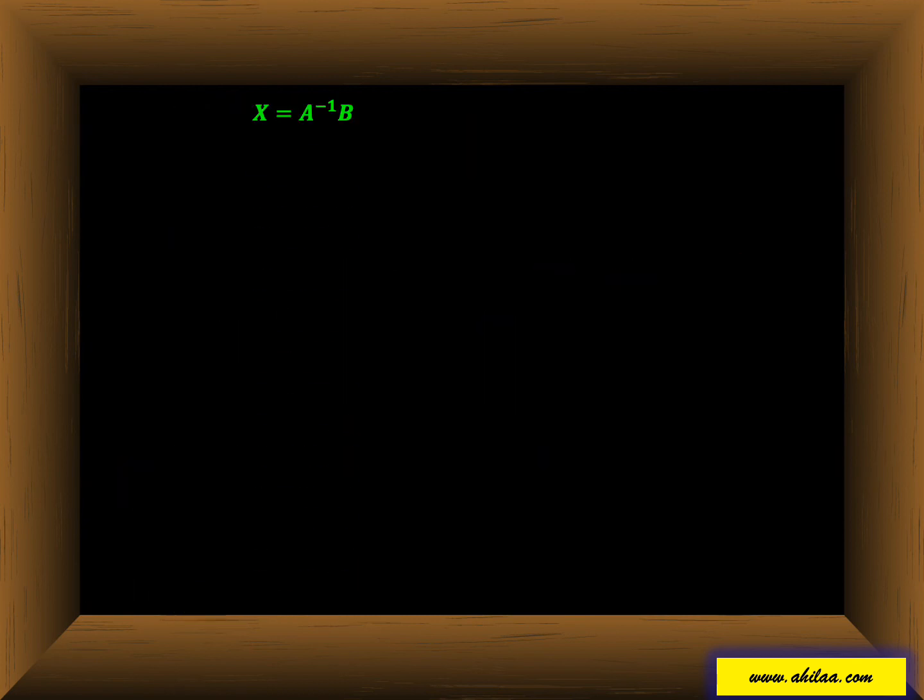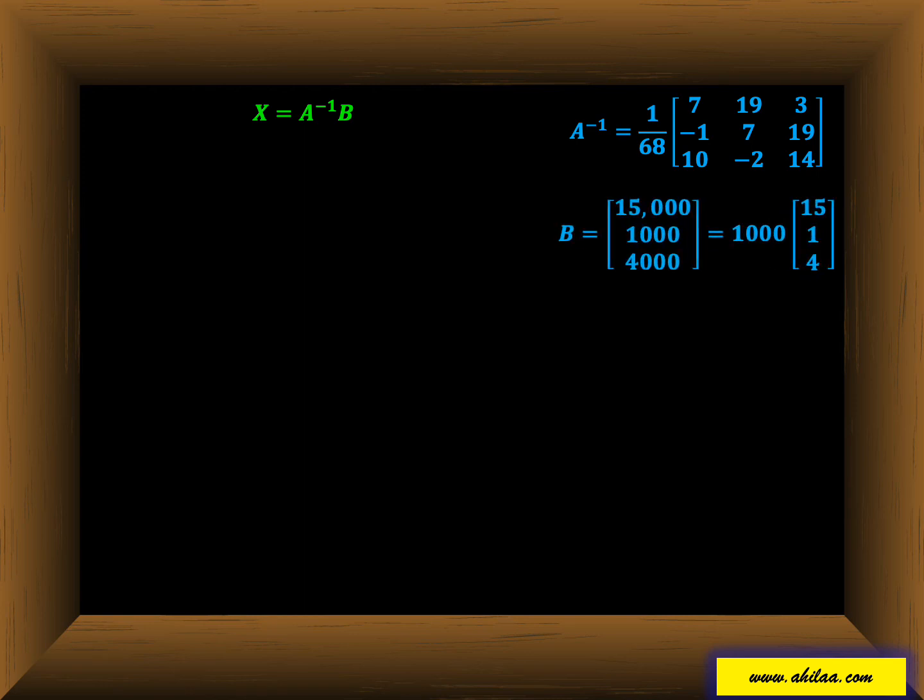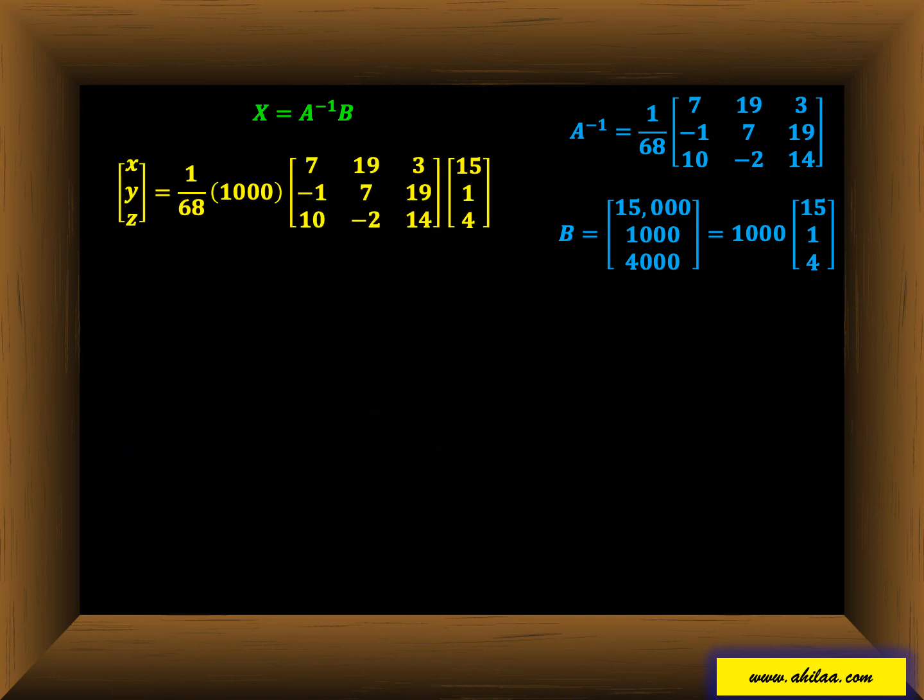So next substitute in the formula capital X equal to A inverse B. Keep it in mind that A inverse is this value and B, the constant matrix, is 15,000, 1,000, 4,000. For convenience, we take the common factor 1,000 out, so that B is 1,000 into column matrix 15, 1, 4. Substitute these values in the given equation.